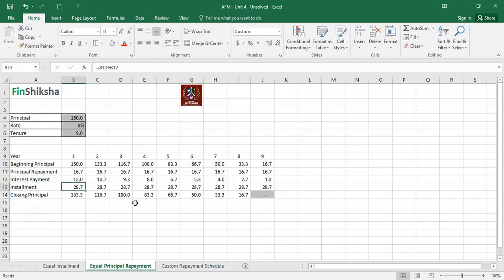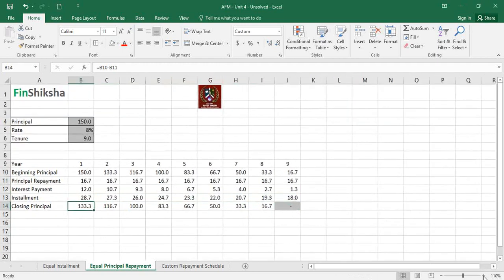And the installment is actually nothing but the sum of these two, but we will note that over a period of time the installment keeps reducing. Closing principal again becomes zero, because that was what the idea was in any case, right? That we were going to kind of reduce the loan in a straight line method over this period.